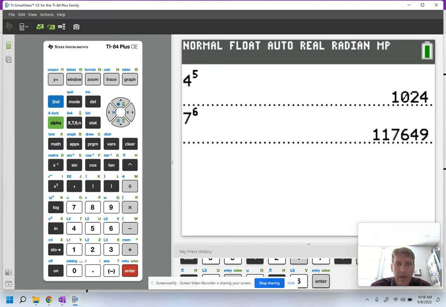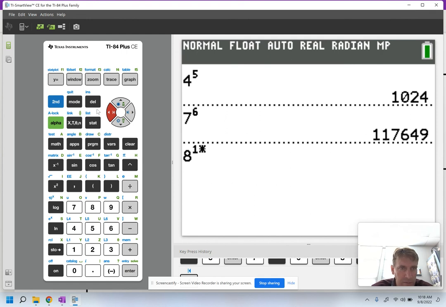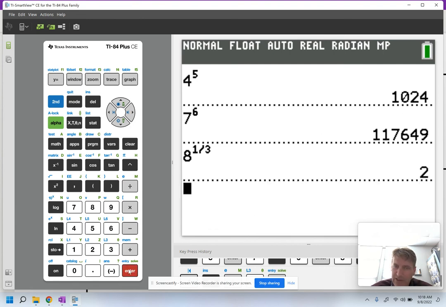Let's go ahead and see it. 8 raised to the power 1, let me delete, I made a mistake there. 1 divided by 3, and then I hit enter, and it's 2.